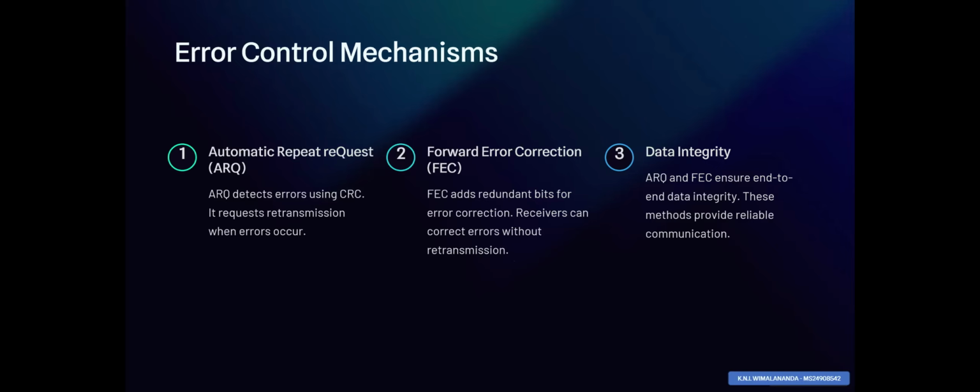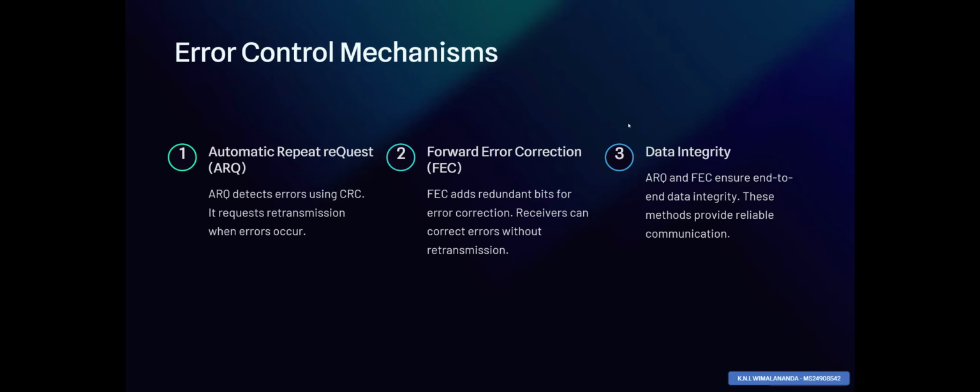And then forward error correction, FEC, which adds redundant bits to the transmitted data, allowing the receiver to detect and correct errors without requesting retransmission. These mechanisms work at various layers of the network stack to ensure end-to-end integrity, which is essential for reliable communication.